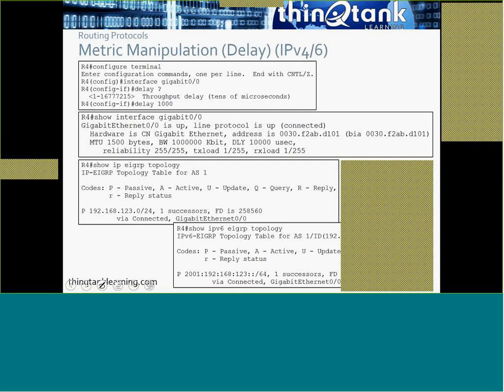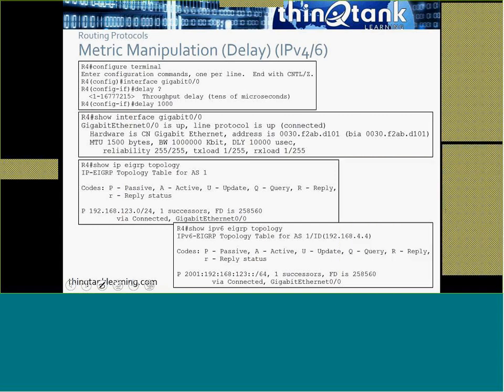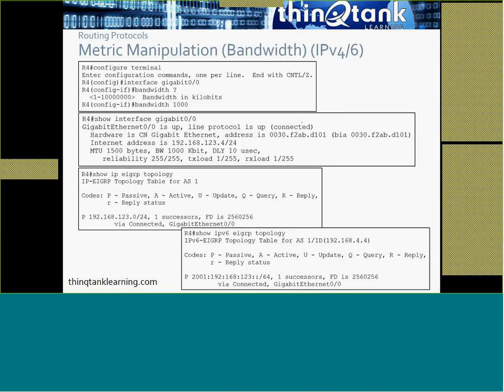Okay, here's why. And actually, that's a good point. When you enter the bandwidth on an interface, make sure you know that the bandwidth is entered in kilobits per second. Bandwidth is entered in kilobits per second. It shows up in kilobits per second in the output.